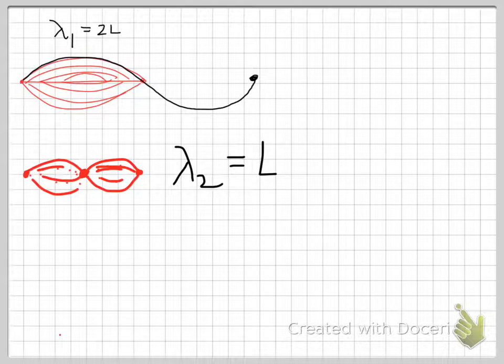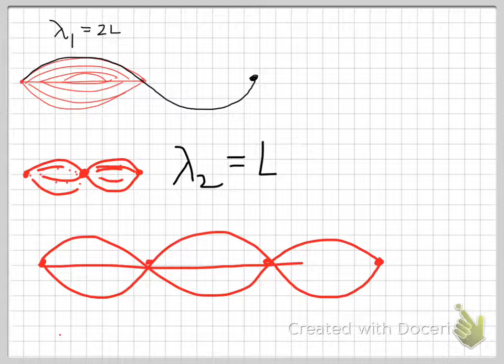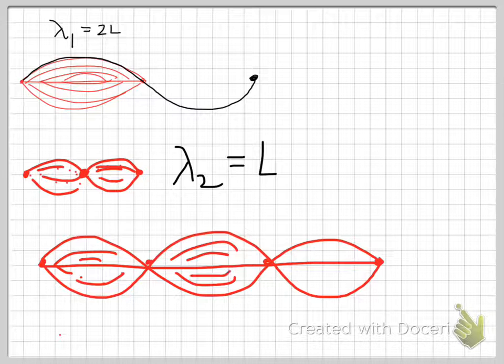The ones where it gets a little bit trickier, and I'm going to draw this larger because I always screw this one up. And I'll shrink it down as I need to. Okay, so for the third harmonic, if I look at lambda 3, what's the wavelength of this standing wave? 2/3.